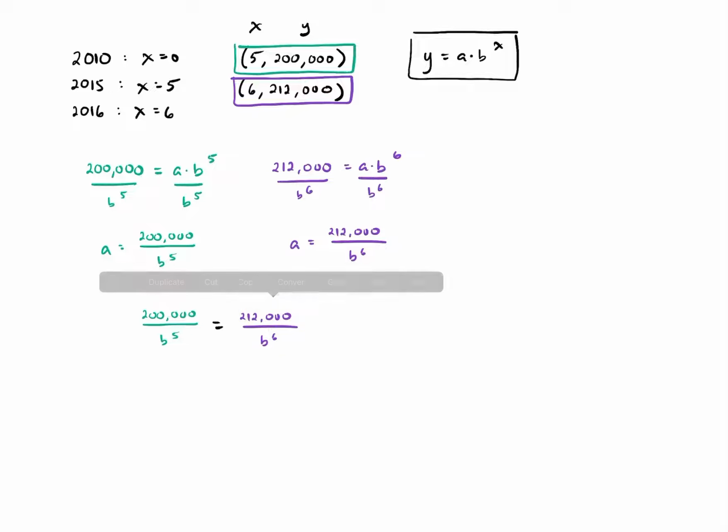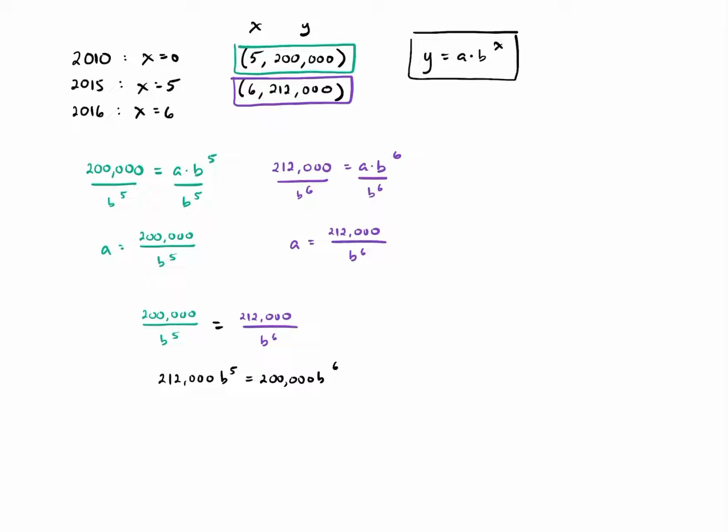Again, we're looking for a system, and both of these points are from the same function, so we can do that. If we cross multiply here, we can write 212,000 b to the 5th is equal to 200,000 b to the 6th.